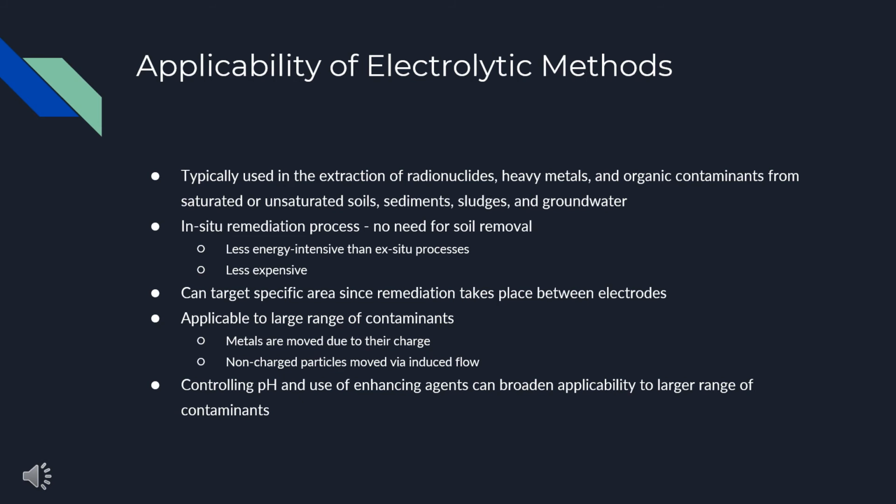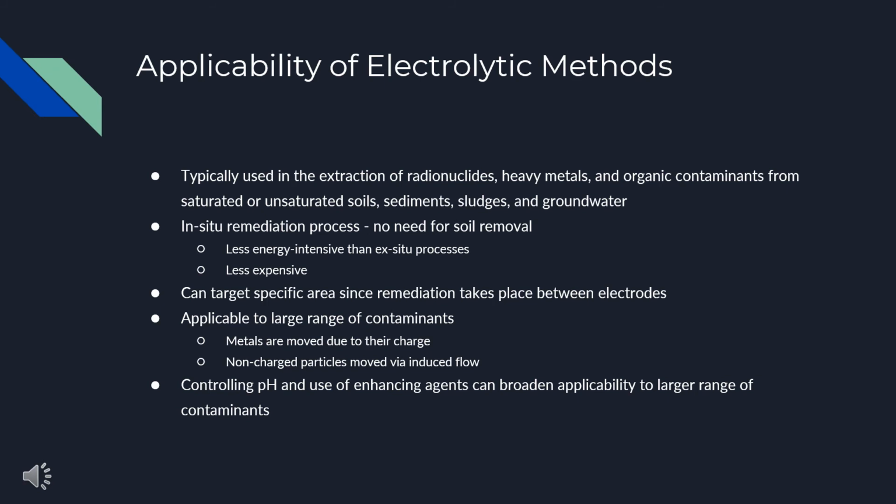The media from which it is removed can be saturated or unsaturated soil, sludges, and groundwater. Because this occurs in situ, or at the source of contamination, there is no need to disrupt or remove soil. This makes in situ treatment less energy intensive and less expensive than ex situ treatment.